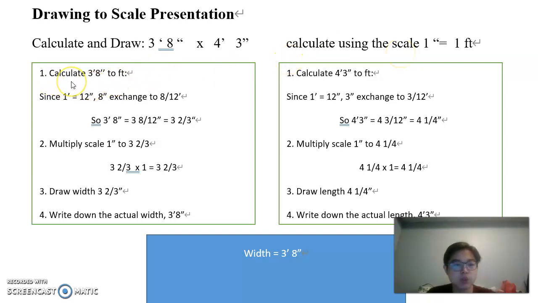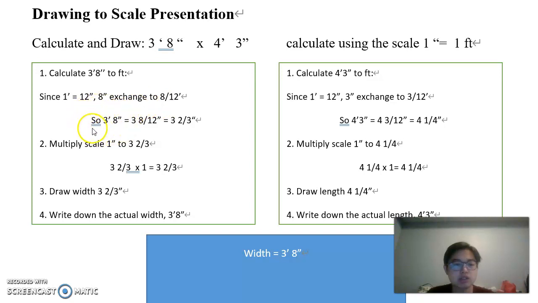Firstly, we need to convert 3 feet 8 inches into feet. Since 1 foot is equal to 12 inches, we exchange 8 inches into 8 over 12 feet.